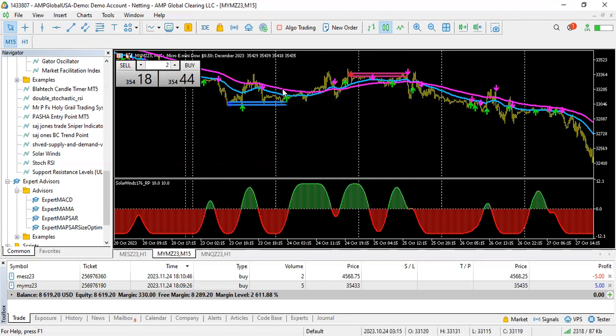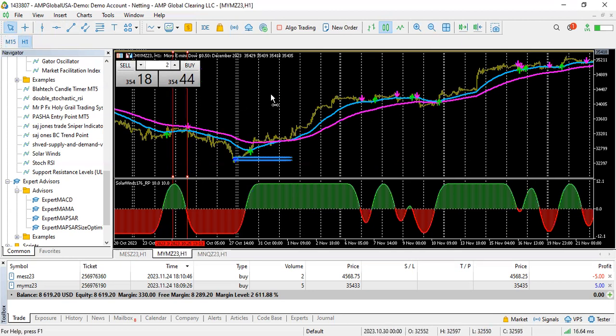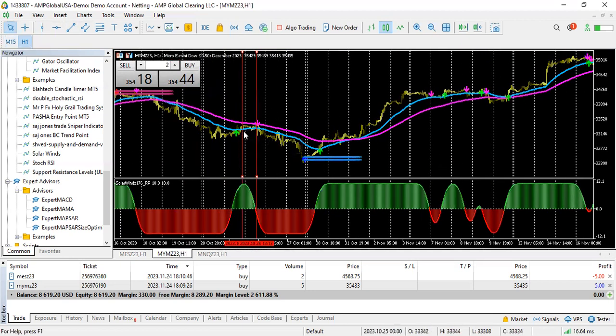So let's delete the vertical lines. We'll put them here. We jump back up to the hour. And this is where it started to do its thing again.